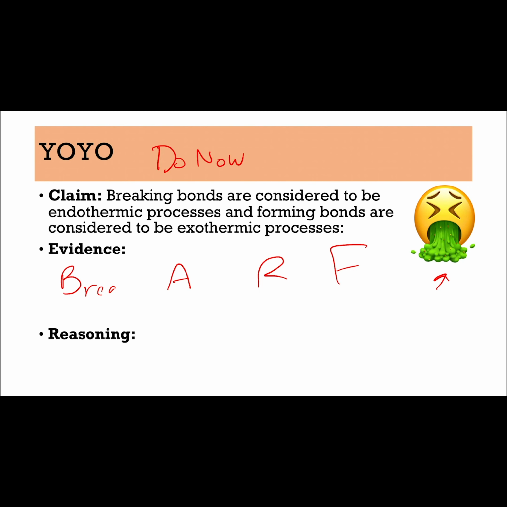When you break a bond, energy has to be absorbed. If you think about breaking a pencil, it doesn't just randomly break. You have to put energy into it for it to break. And if you release energy, that means a bond is formed. Right now, if you clap your hands together, you're essentially forming a bond, and you hear a sound. You hear that clap. That's that energy being released.